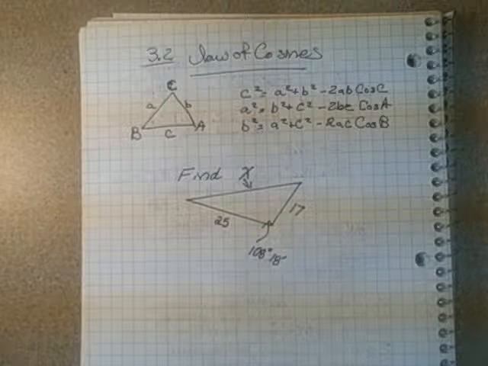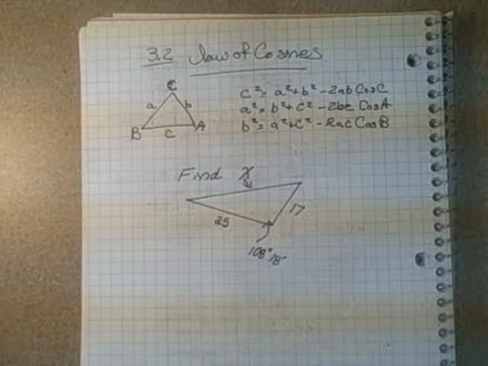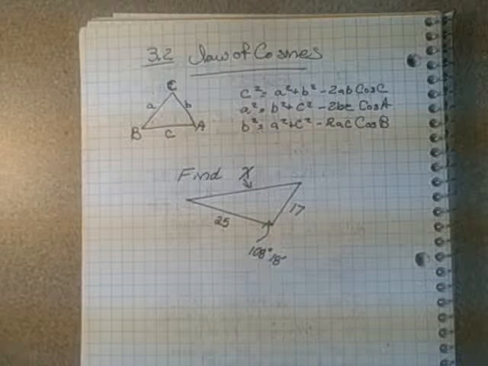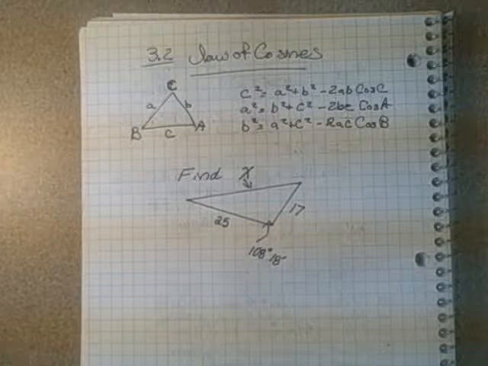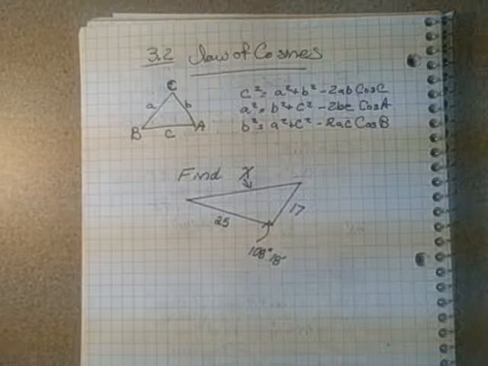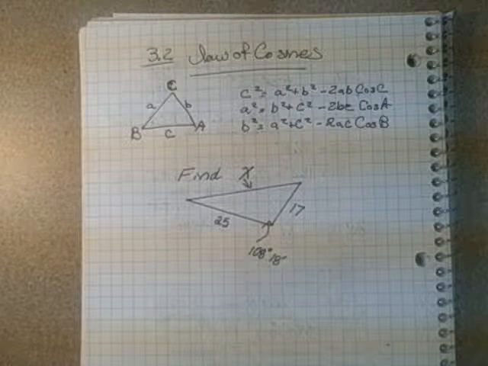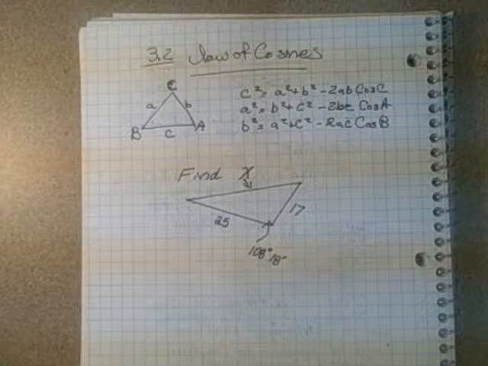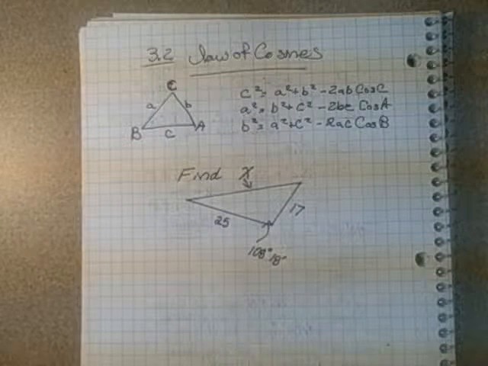They say, the square of any side in a triangle is equal to the sum of the squares of the other two sides minus twice the product of the other two sides with the cosine of the angle formed by the two sides. So that's basically what it means.